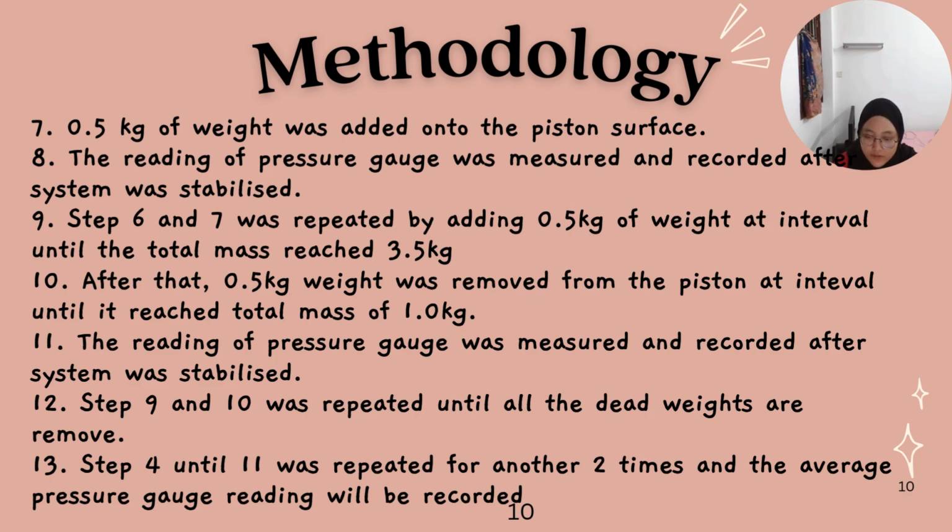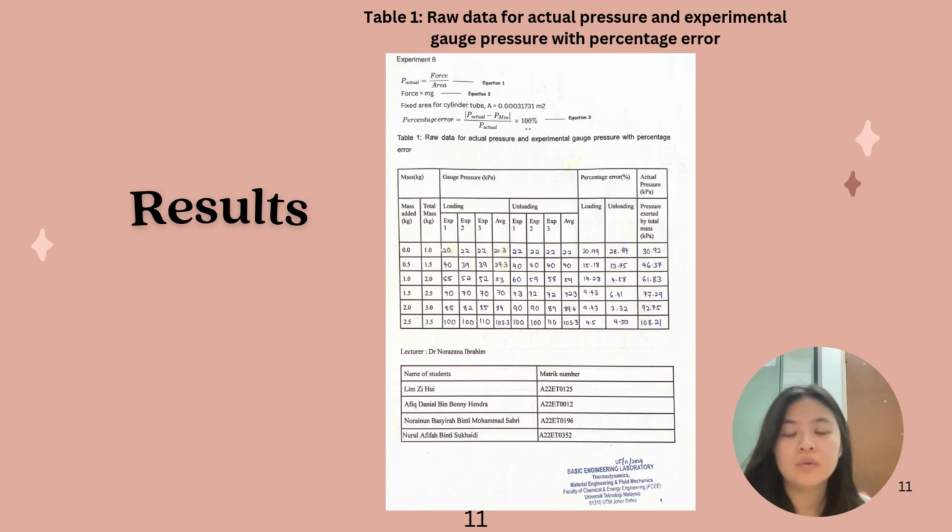After that, 0.5 kilogram of weight was removed from the piston at intervals until it reached the total mass of 1 kilogram, and the pressure gauge reading was measured and recorded after the system stabilized. Number 12, steps 9 and 10 were repeated until all the dead weights were removed. And number 13, steps 4 until 11 were repeated another 2 times, and the average pressure gauge reading was recorded. Result: raw data for actual pressure and experiment gauge pressure with percentage error.